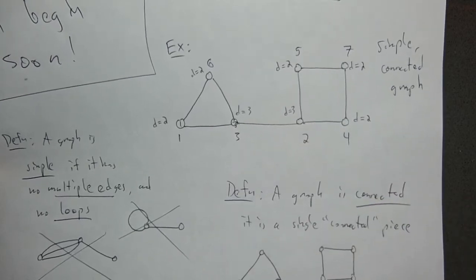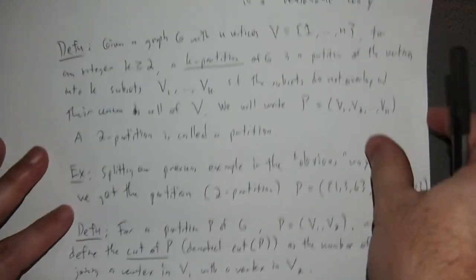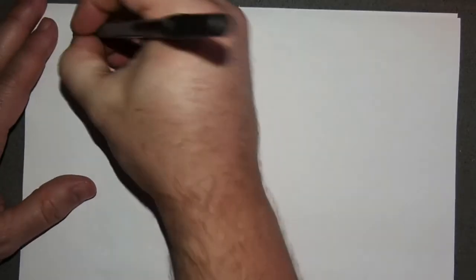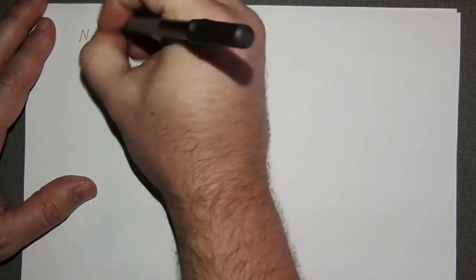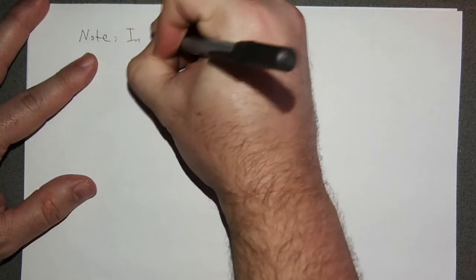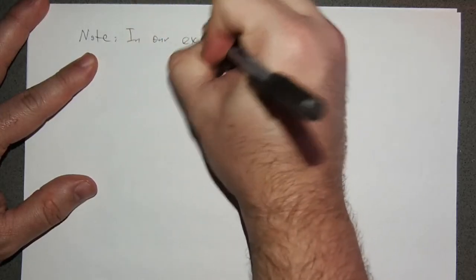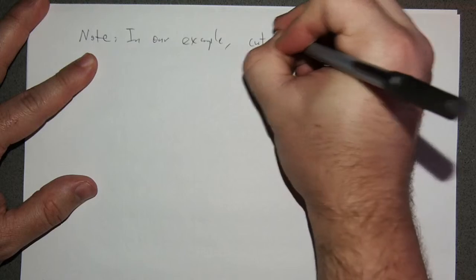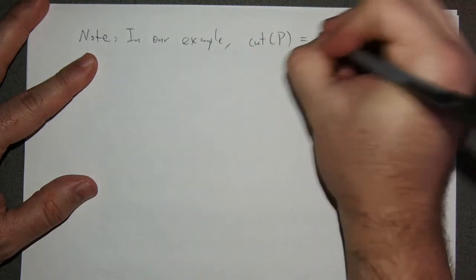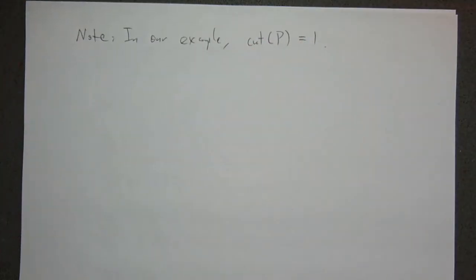So the cut is 1. I'll state that. Oh, I need more room. So note in our example, the cut of the partition is 1. Okay.